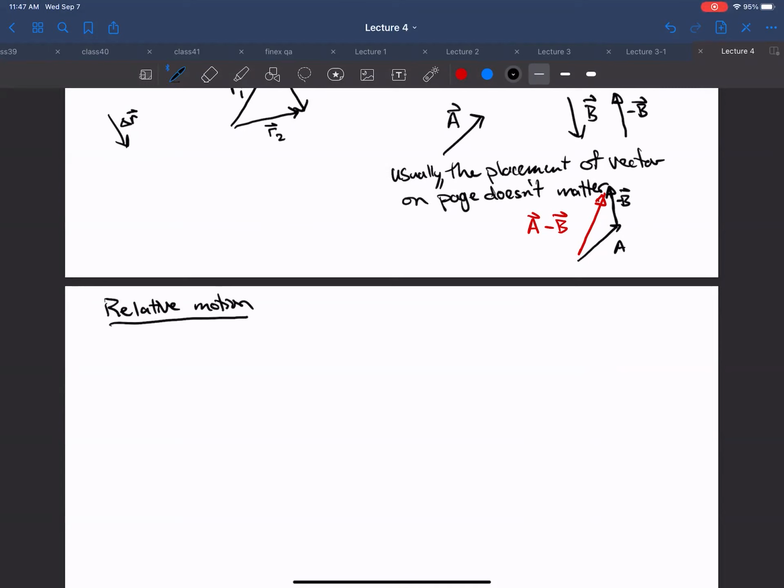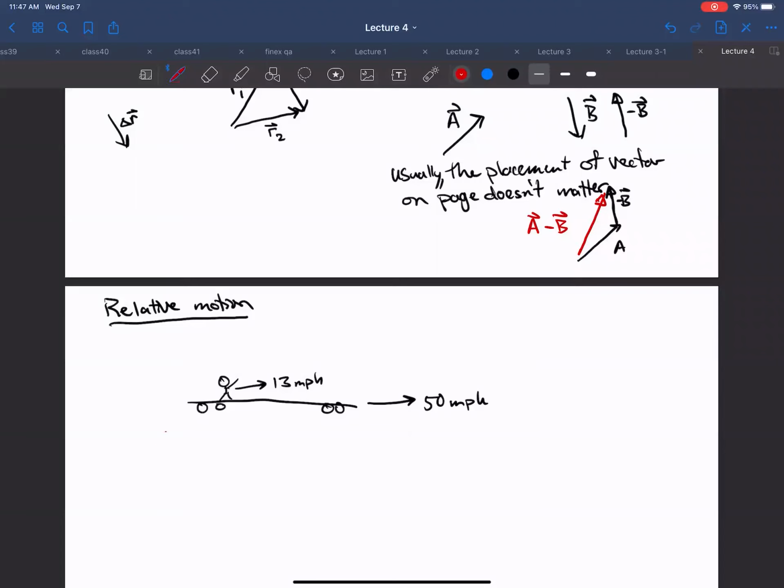So let's say I have a train car, and it's a flatbed train car, and let's say that it is moving to the right at 50 miles per hour. On the train car, relative to the train car, there is a person, and the person is running relative to the train car at, let's say, 13 miles per hour.